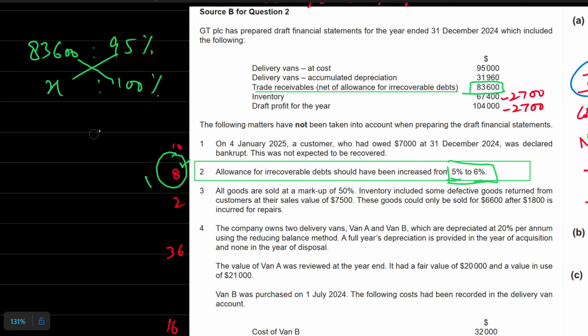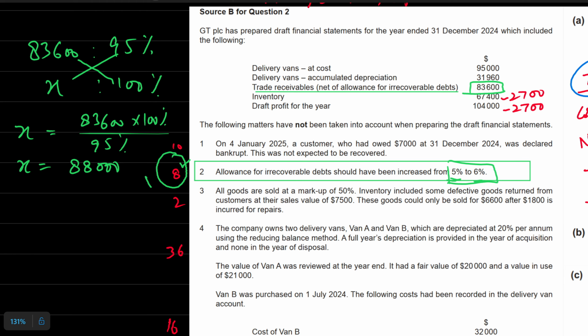By cross multiplication we can calculate it. X is equal to 83,600 multiplied by 100% divided by 95%. So this will be 88,000. So students, before providing provision for doubtful debts, the trade receivables were 88,000.